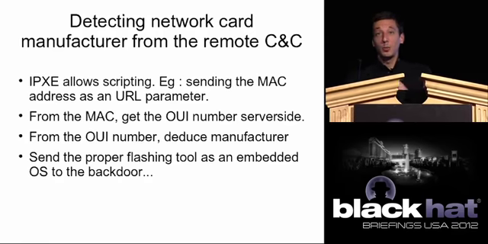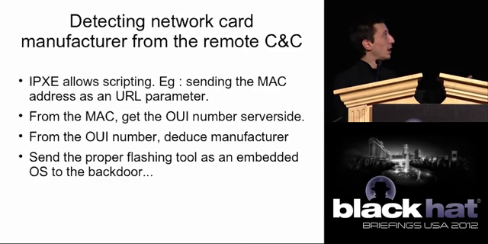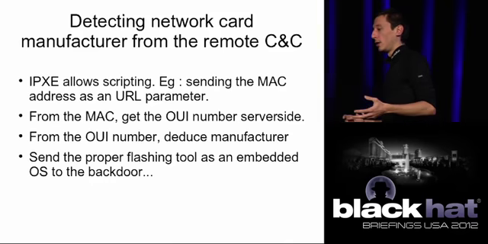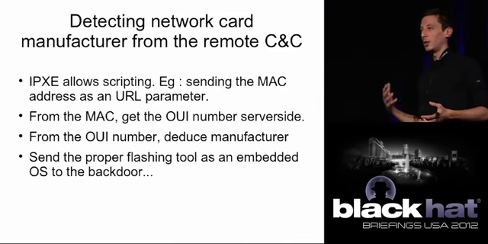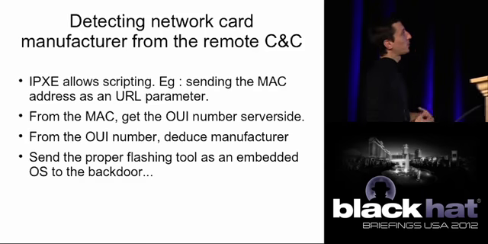Flashing another PCI device is actually a lot harder. In particular, we're going to see how to flash the network card. The problem with the network card is that tools to flash it are very much vendor dependent. So how do we go around this?